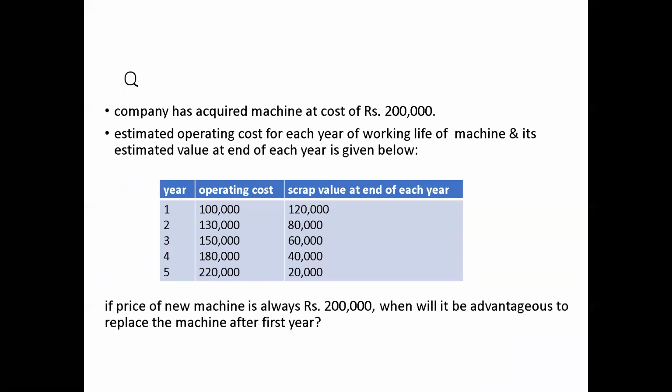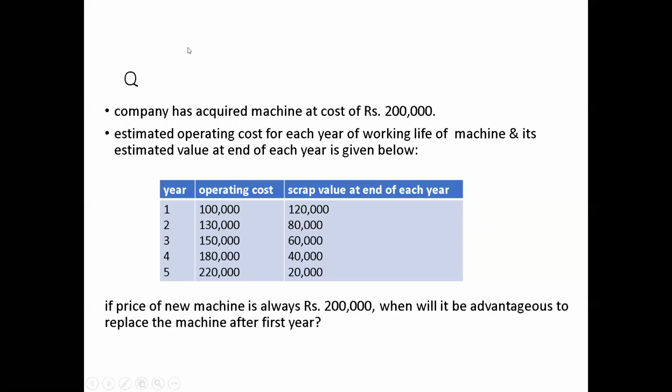So let's discuss an example that a company has acquired a machine at a cost of rupees 2 lakh. Now the estimated operating cost for each year of working life of the machine and its estimated value at the end of each year is given.